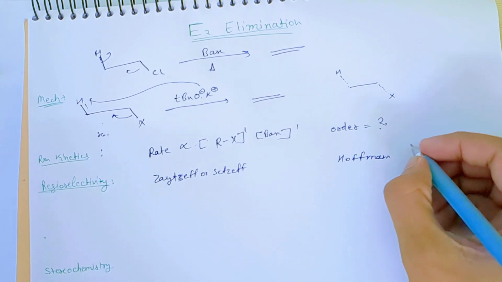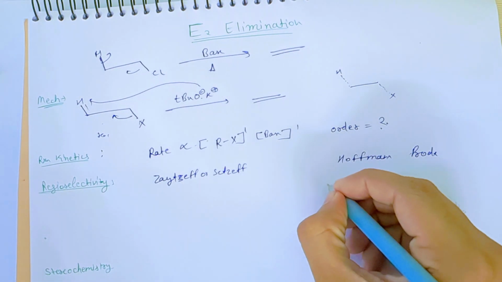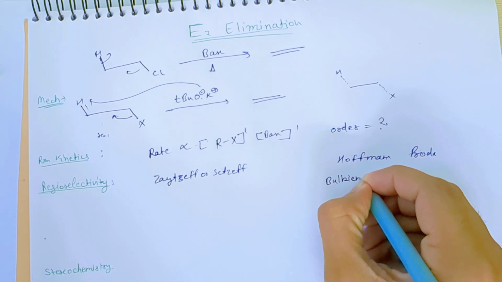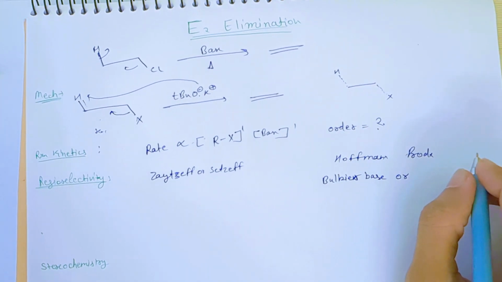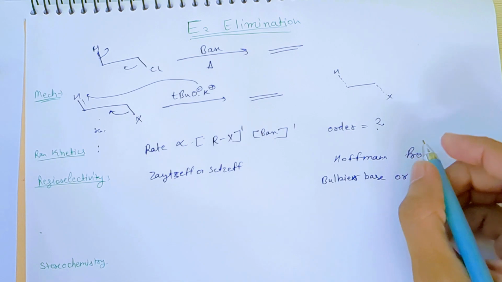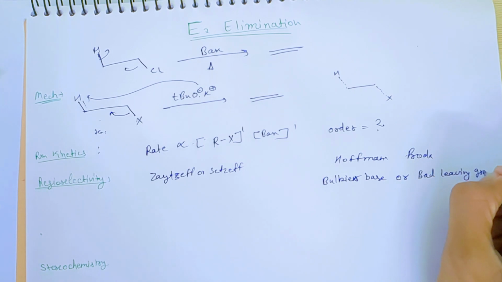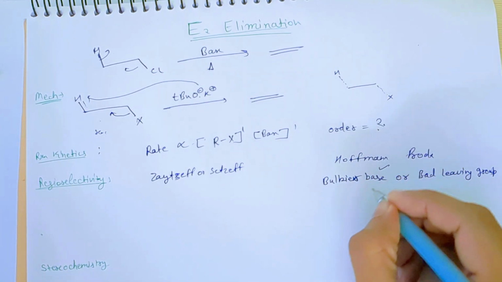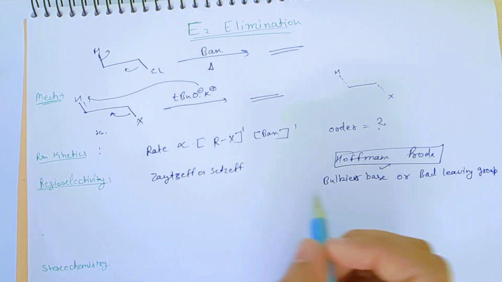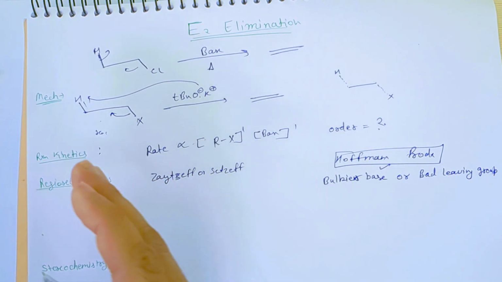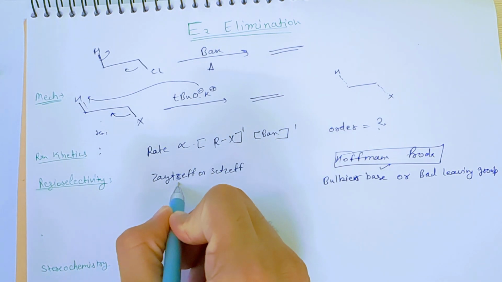Now, if there is a bulkier base, or we can say bad leaving group, then we always get Hofmann product. Okay, we always get Hofmann product. Let's see how. And if there is another condition, like both a good leaving group and a non-bulky base present, then we will get Zaitsev product.